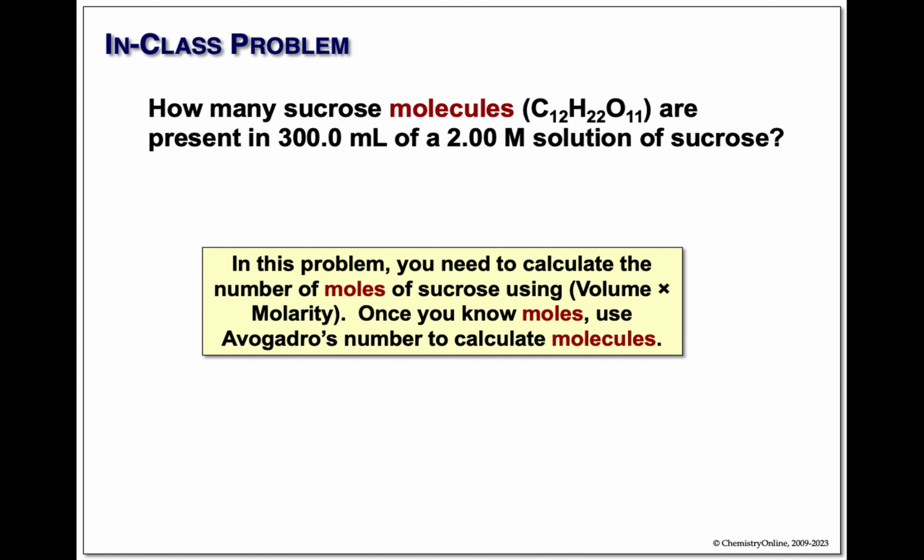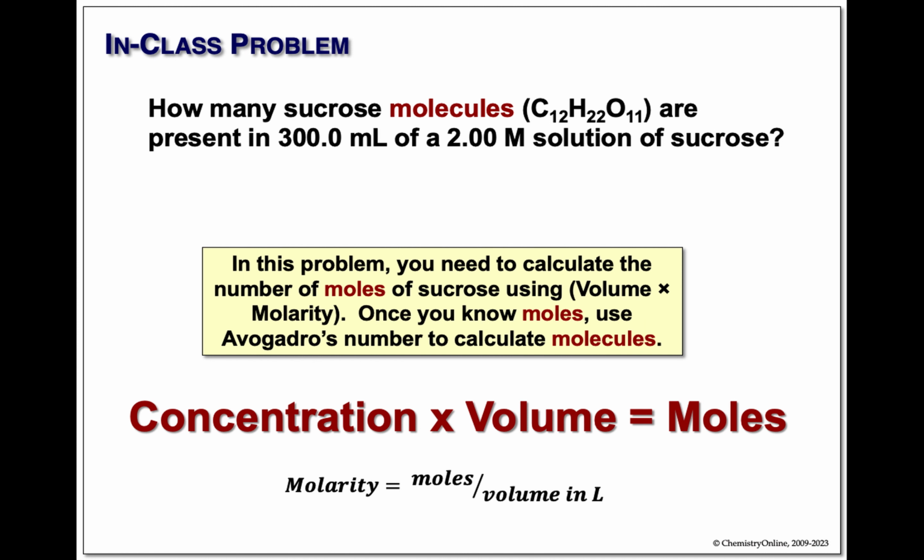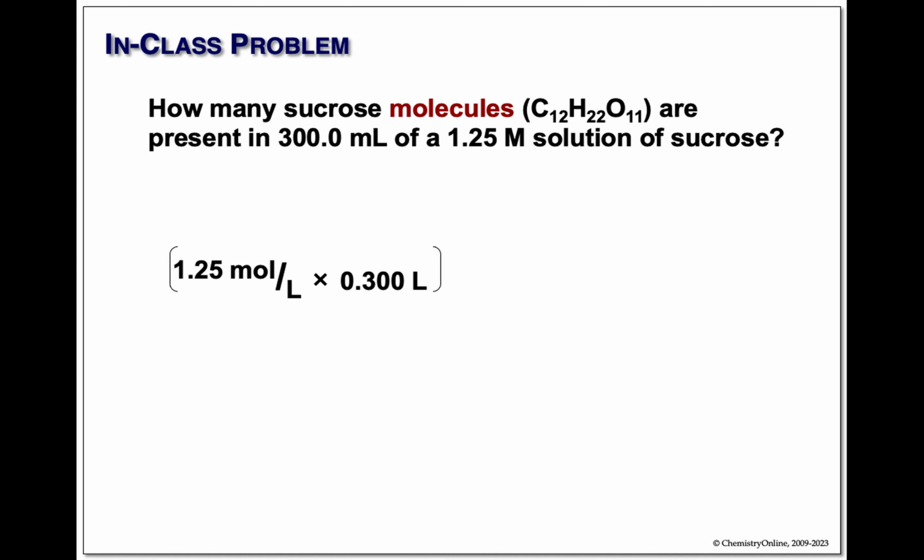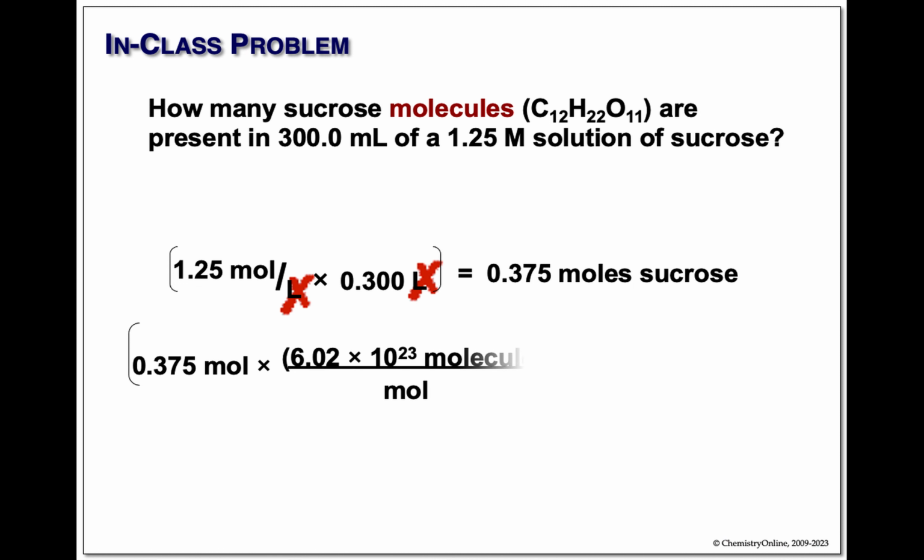So, molarity is moles divided by volume. Concentration times volume is moles. Remember those. Concentration times volume, that's going to give us moles. Liters cancel. 0.375 moles of sucrose.